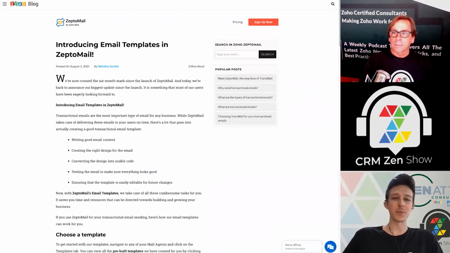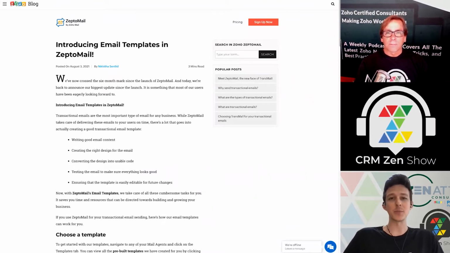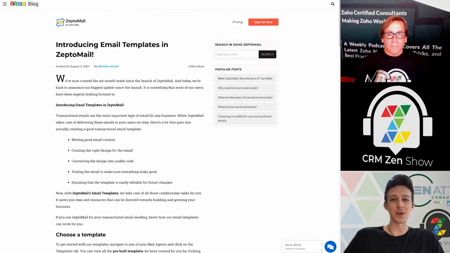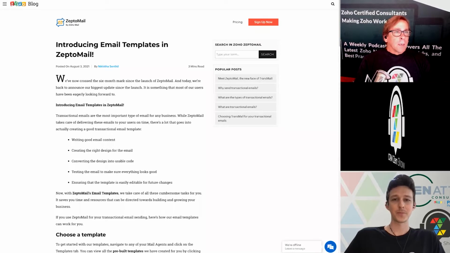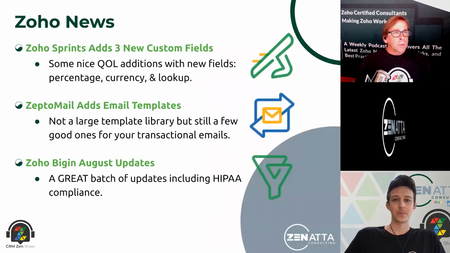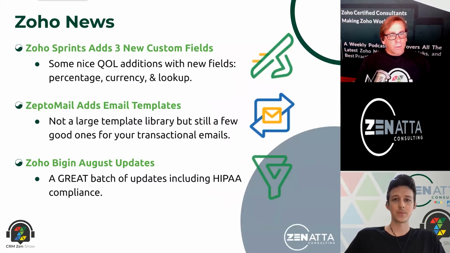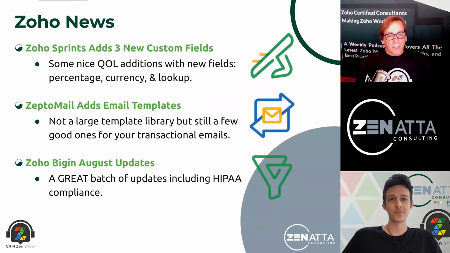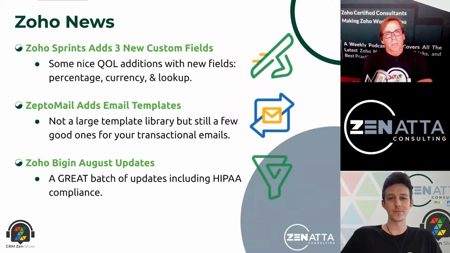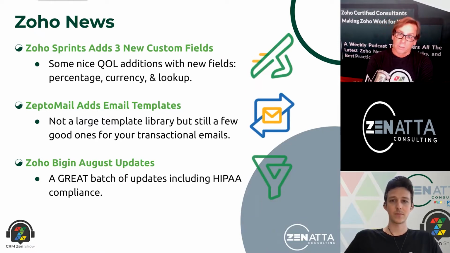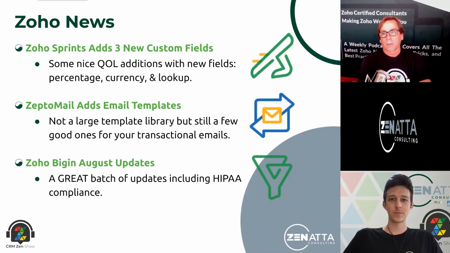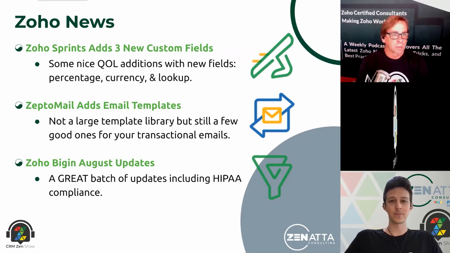Similar thing here, grab one of these, make some edits to it, put your branding on, and then you'll be good to go. Just start sending those out. All right. It's one of those applications we just haven't really had an opportunity to dig into, right? Because it seems like all the custom stuff we're building would be Creator, and that's actually handled by ZeptoMail, but it's built in, right? You're not going into a separate application.